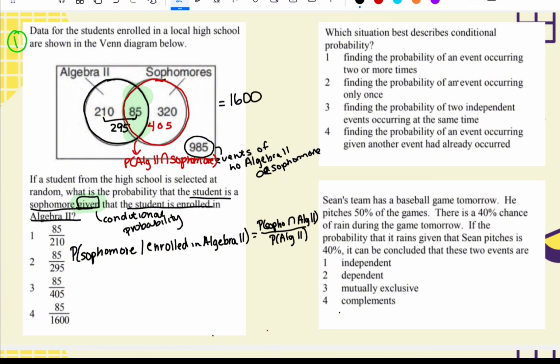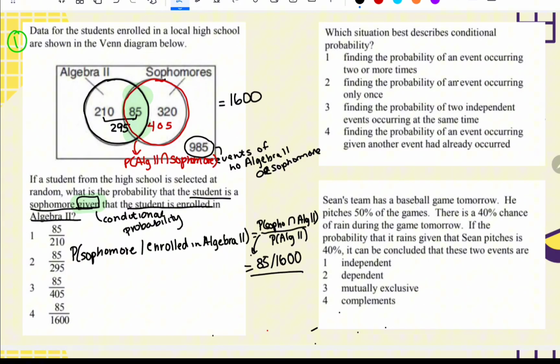Our total number of students is 1,600. And so when I write the different parts, I have the probability that they are a sophomore and in Algebra 2 is 85 over 1,600.